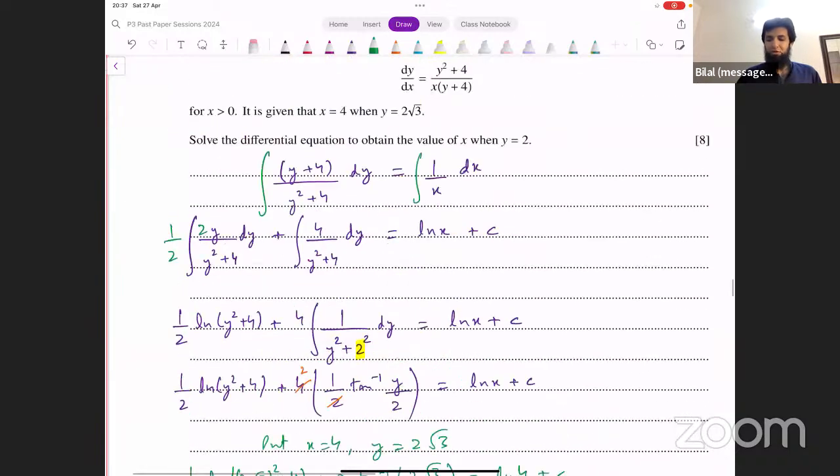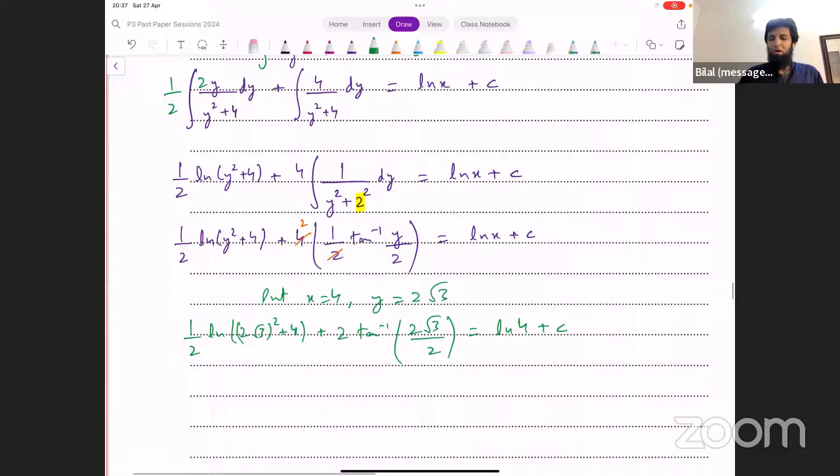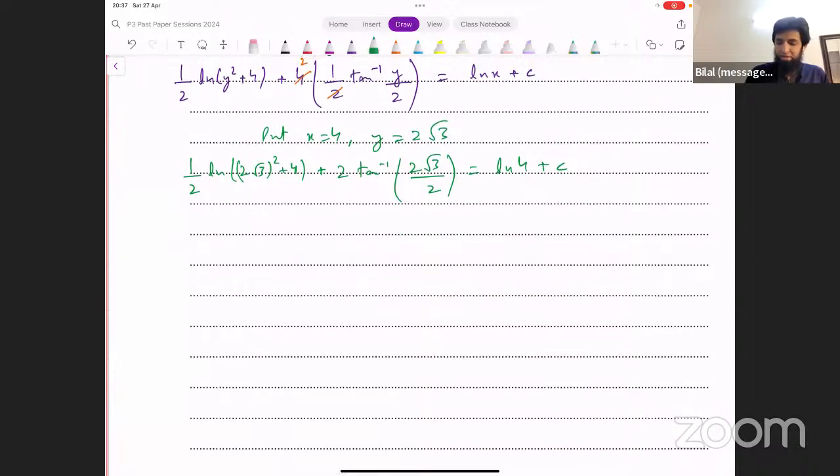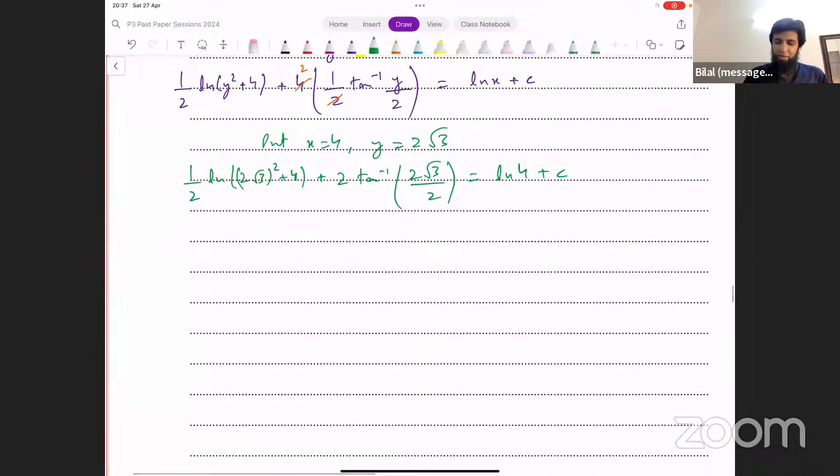Okay. Now, since you want the value of x, and they have not specified that you want an exact answer, you could write decimals as well. Although for c, generally we prefer not writing decimals. So let's actually leave it in exact form for now and see what we get from that.